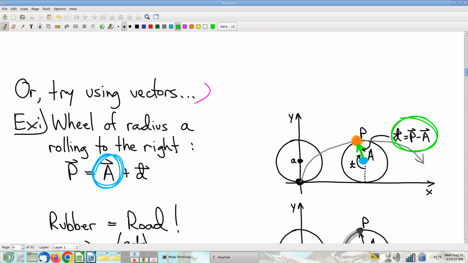So blue plus green gives me the reflector. Everybody believe it? I claim parametrizing that blue curve is going to be easy. Parametrizing that green curve is going to be easy. And then we'll just literally add them. Now, it remains to be seen that they are in fact easy. We'll go through all those details.